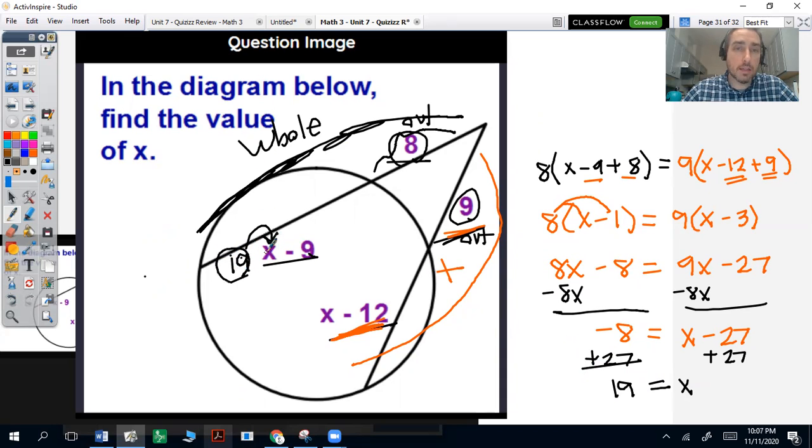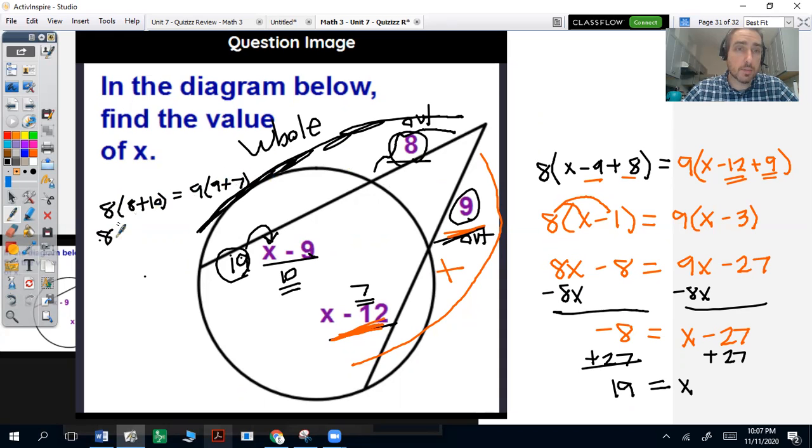And if you want to go back and calculate that, 19 minus 9, that's going to give you 10. 19 minus 12, that's going to be 7. And if you do a little bit of math there, 8 times 8 plus 10, that should equal 9 times 9 plus 7.